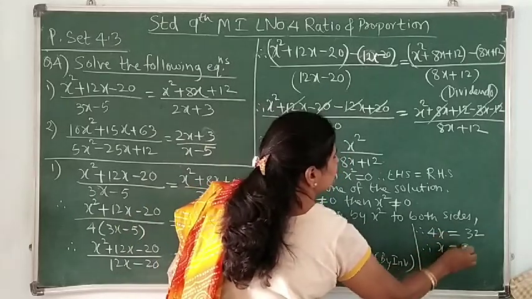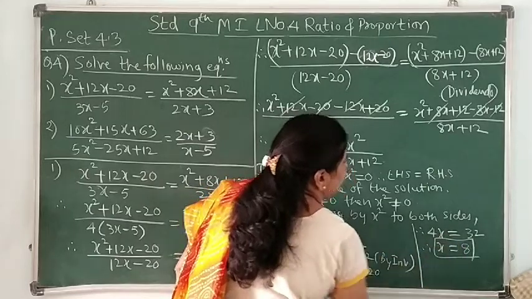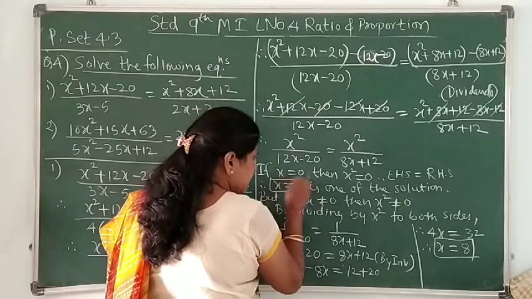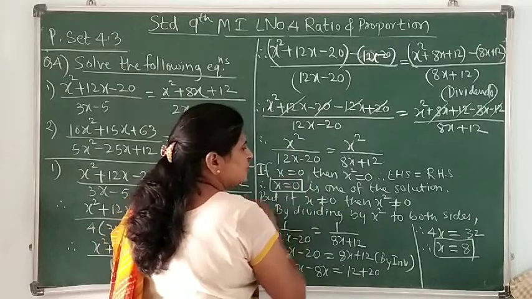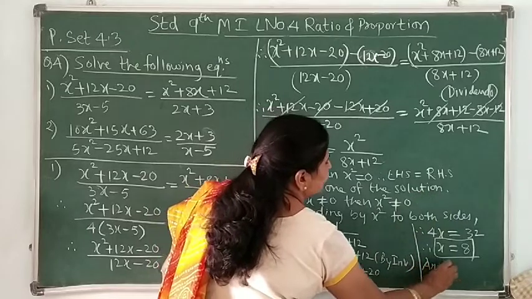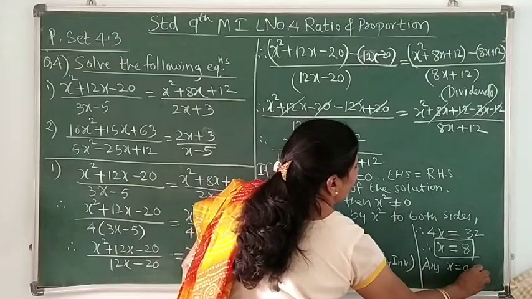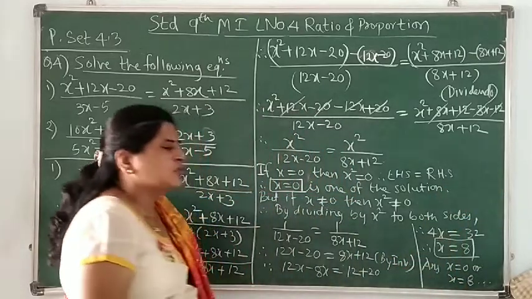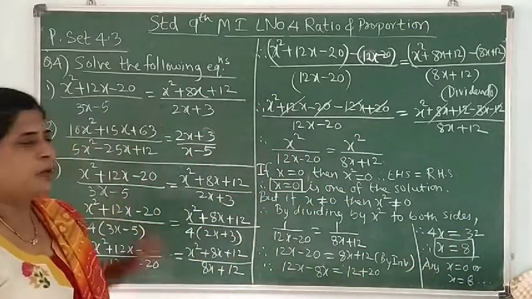It is 8, 4 8s are 32. So the value of x is 8. So x is either 0, which is one of the solutions, and the other solution is 8. So the answer is x equal to 0 or x equal to 8, are the solutions of equation number first.